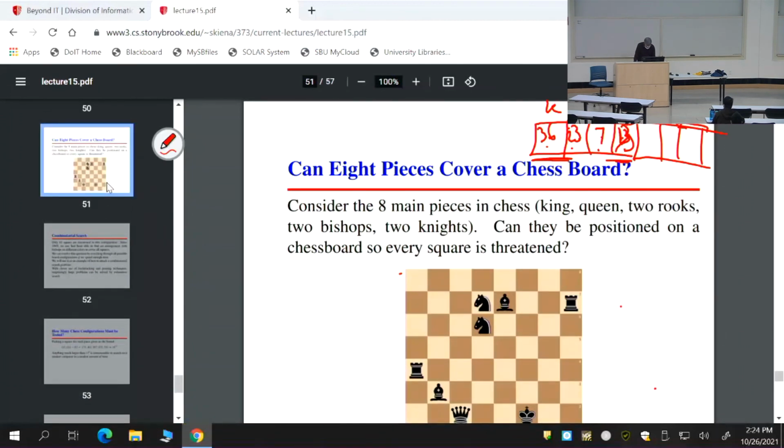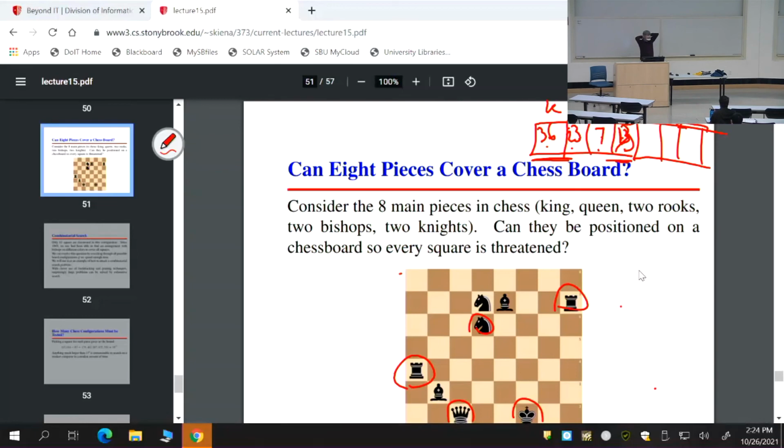How would we be able to argue that I put down these pieces so far, that there is no way to put down bishops to finish covering all the squares? That's what the pruning is, right? If I can argue that there is no solution from this partial solution, what criteria can I use for that?